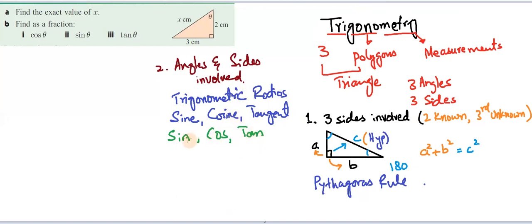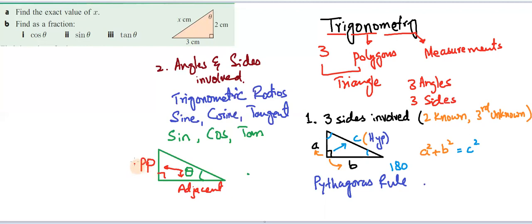Now, for writing the statements for the trigonometric ratios, you always need an angle of reference. For example, if I have this triangle, angle theta, then the side opposite to this angle theta will be the opposite side as the word suggests, and the side which is next to it or adjacent to it is the adjacent.